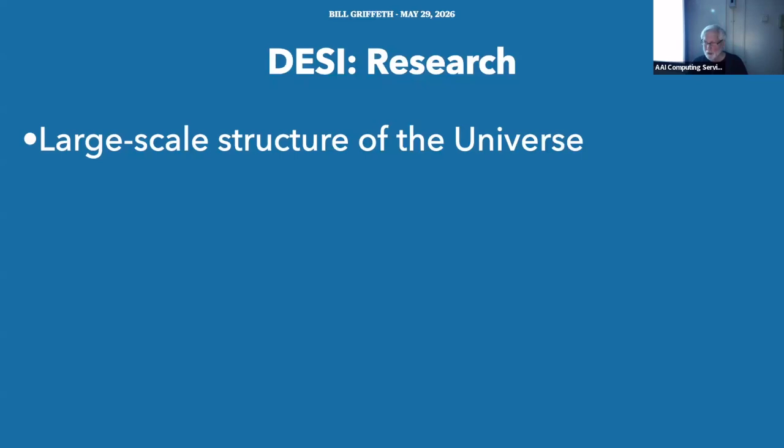Because DESI is a spectrograph, you can tell from the redshift how far away the galaxy you're looking at is. We'll talk more about redshift in a bit, but redshift is really key to getting more than a two-dimensional view of the heavens. You need to know how far things are, and therefore how far back in time. And it turns out there's a lot of structure in the universe that's only fairly recently been realized.